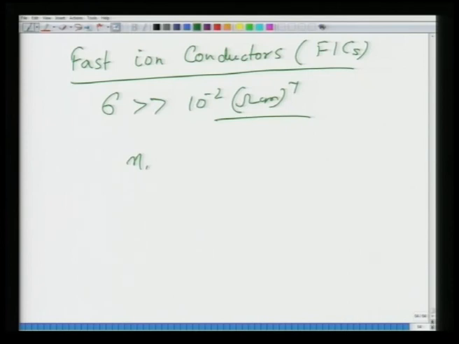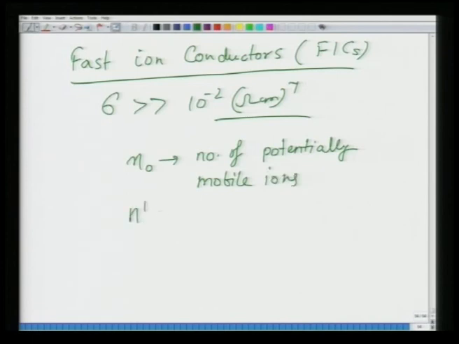So the fraction of ions which are present as mobile ions which can actually move is much larger than in a normal ionic compound. So what happens, let us say, is N naught is the number of potentially mobile ions, and let us say N prime is the number of actually mobile ions.